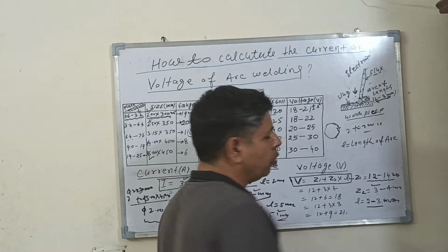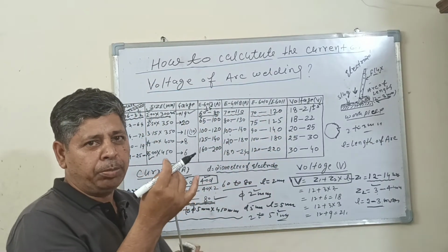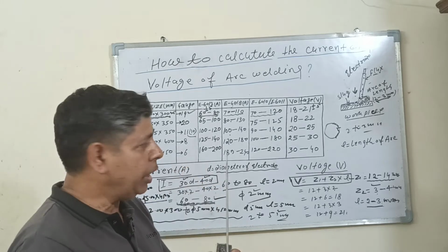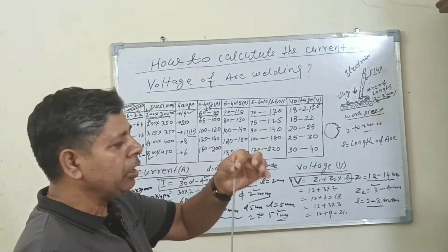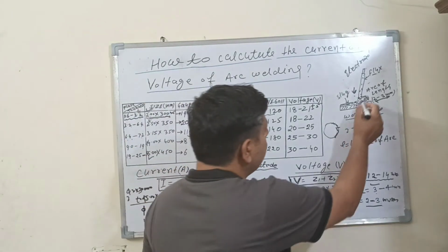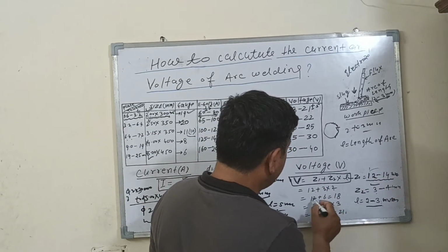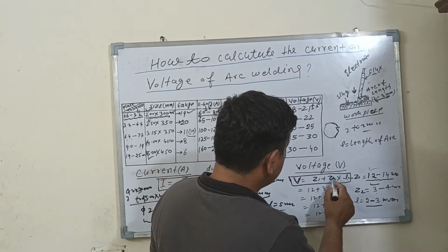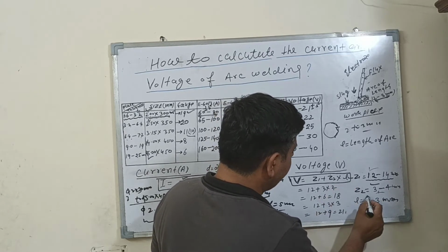You can also take it approximately equal to the diameter of the electrode used for performing the welding. Then you will take the value 2 mm, so it means the length of arc is equal to 2 mm. Put the values here: Z1 is 12, plus Z2, put the value 3, length of arc you will take 2.